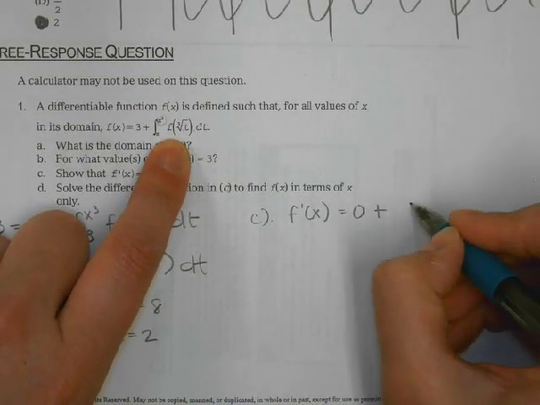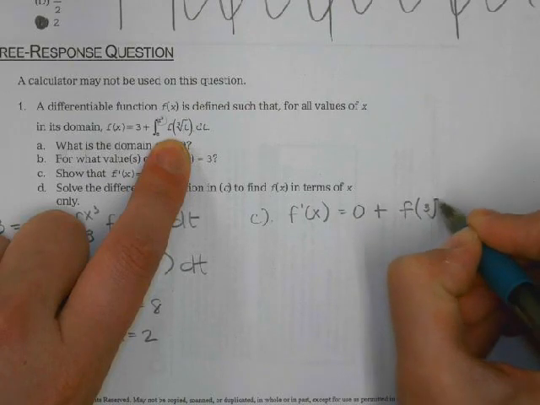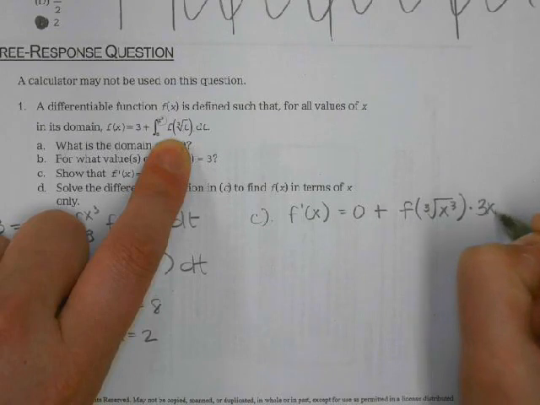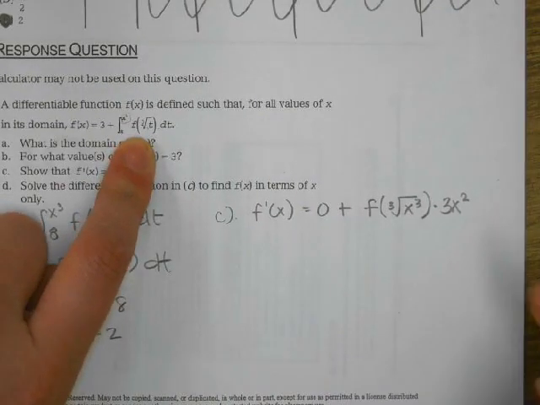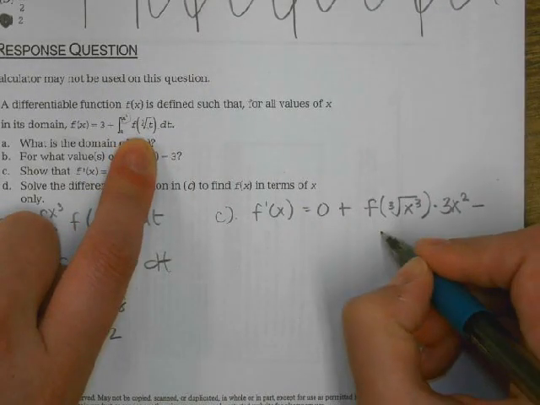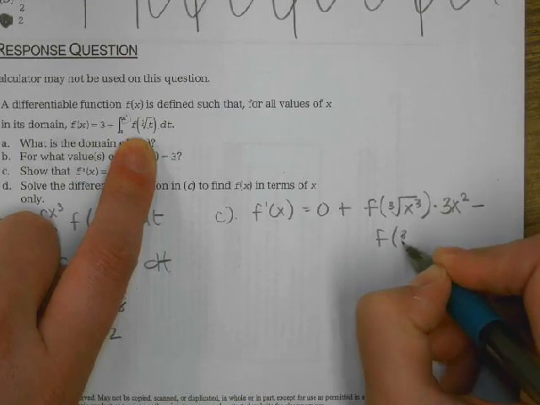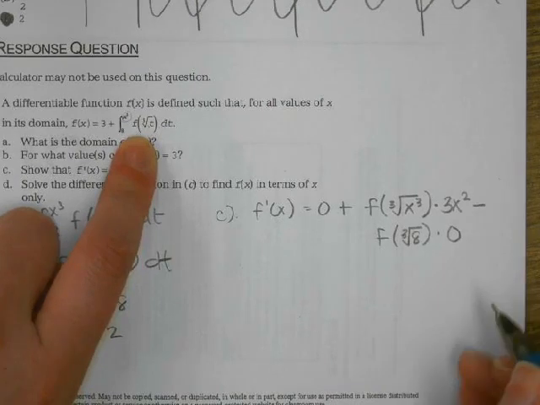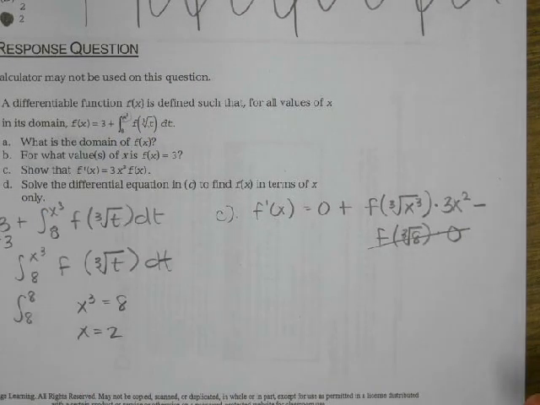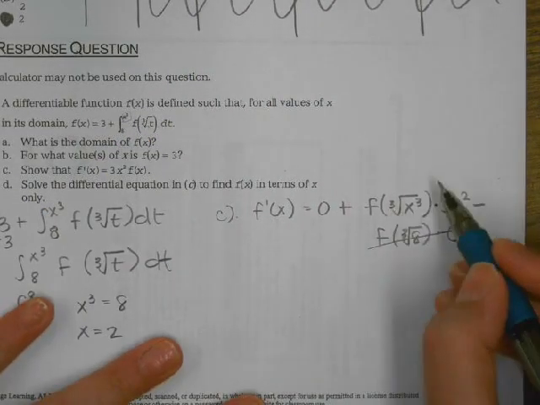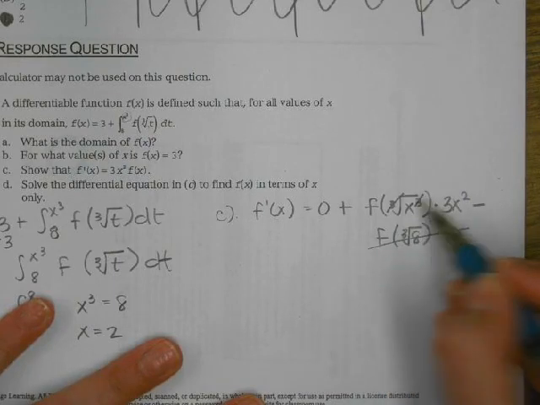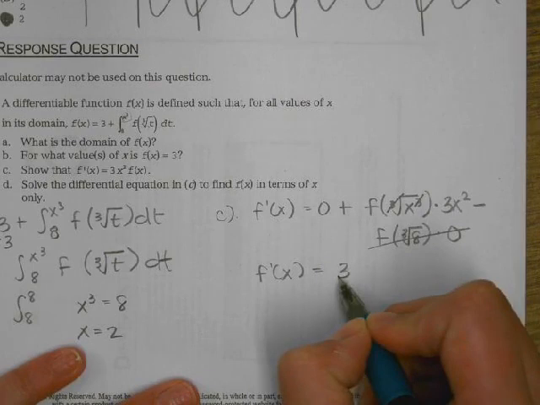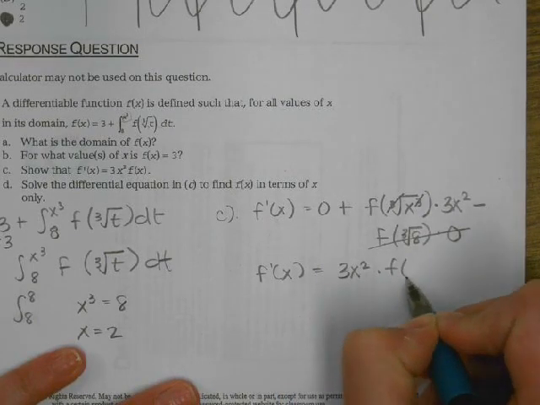So we're going to have f of the third root of x to the third times 3x squared, because we do the derivative of that, minus f of the third root of 8 times the derivative of 8, which is 0. And that part cancels out. So here, our third root and our third cancel out. So f prime of x is 3x squared times f of x.